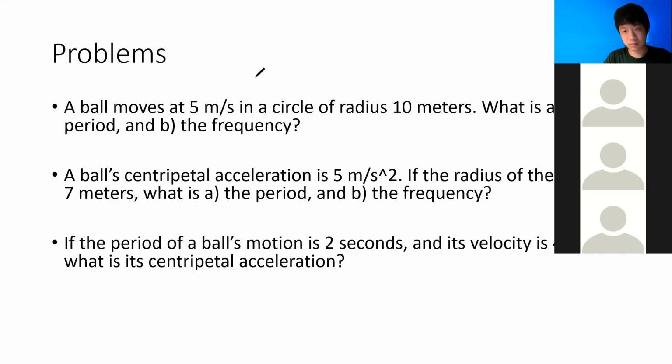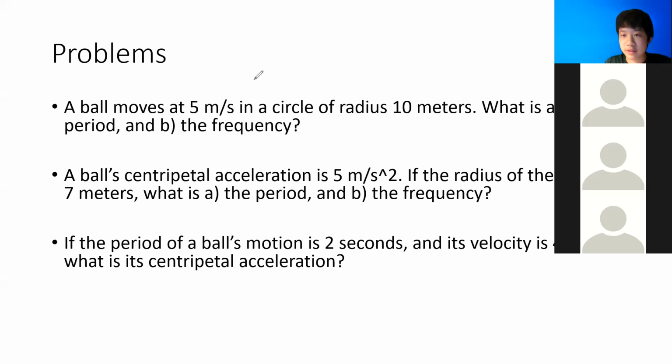Or you could just do 1 divided by t. Either way, with 12.56, you would get 0.08. And the units we'd use would be revolutions per second or hertz.